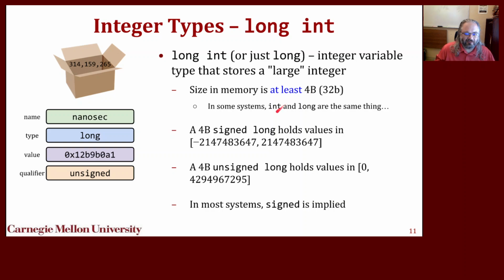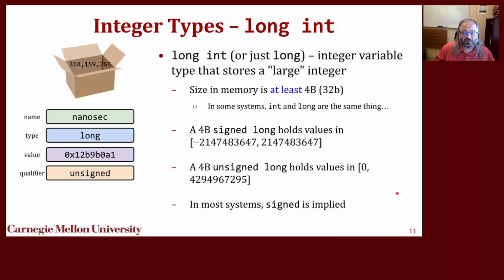So in many systems, int and long, or int and long int, are actually the same. And in fact, I verified this on my system. I'll give you a way of verifying this on your own system a little bit later. And you can see how big is an integer, how big is a long. So in this case, long and int are more or less the same, at least on my machine, at 32 bits or 4 bytes.